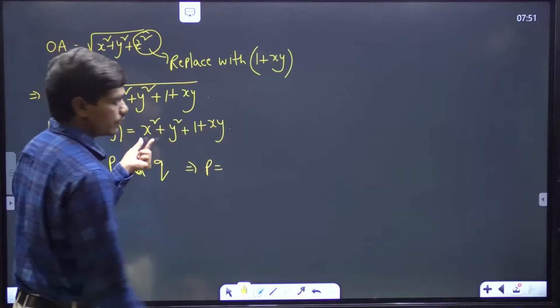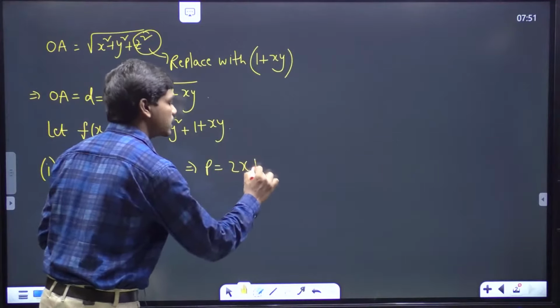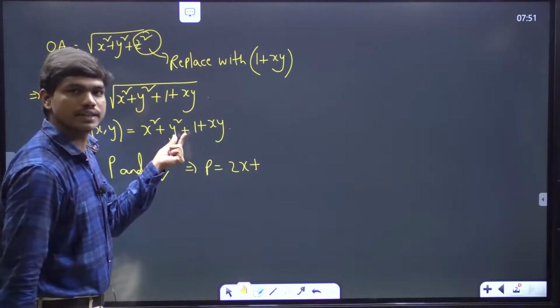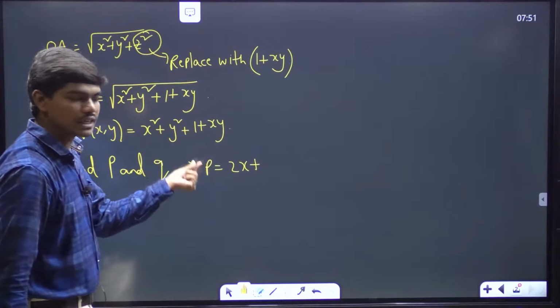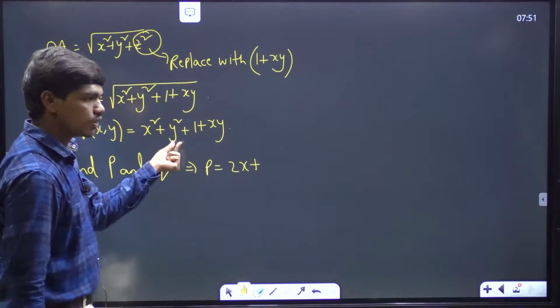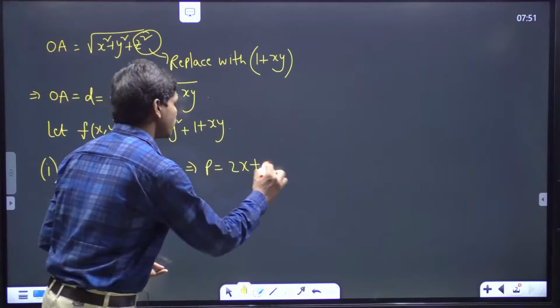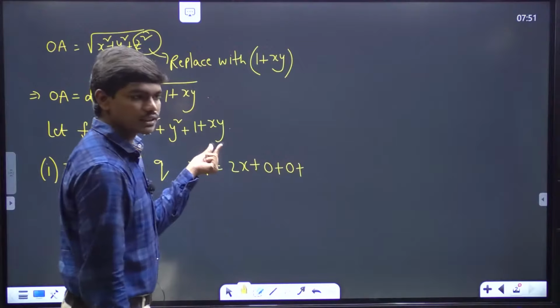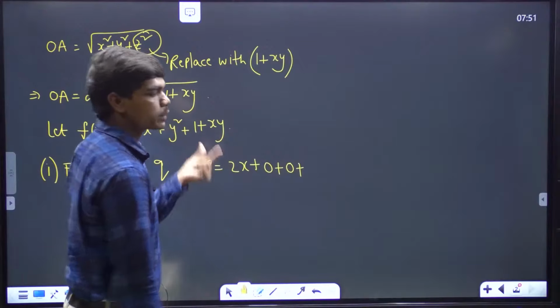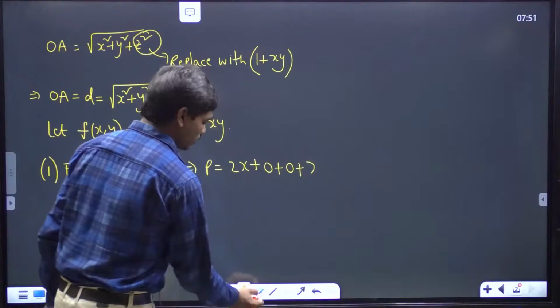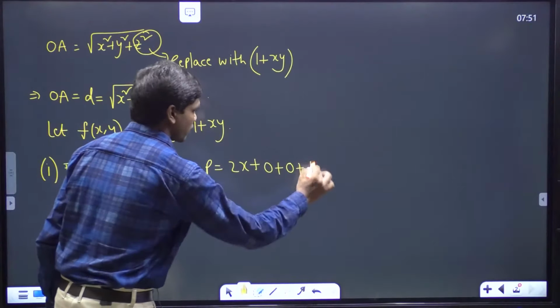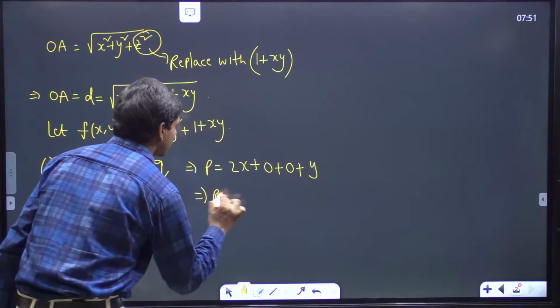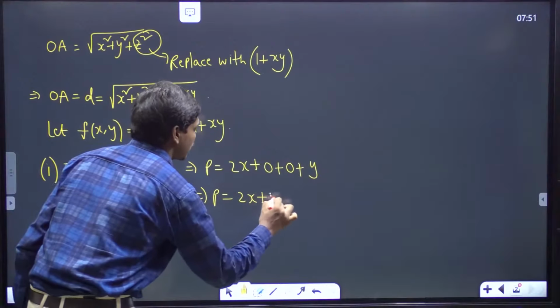Partial differentiation of x square is 2x plus partial differentiation of y square is 0, because whenever you are differentiating with respect to x, you will treat y as a constant. So this is 0 plus differentiation of 1 is also 0 plus when you treat y as a constant, differentiation of xy with respect to x is y. So this implies p is equal to 2x plus y.